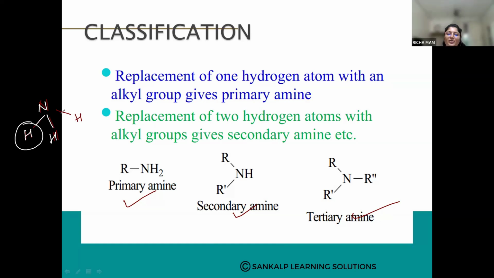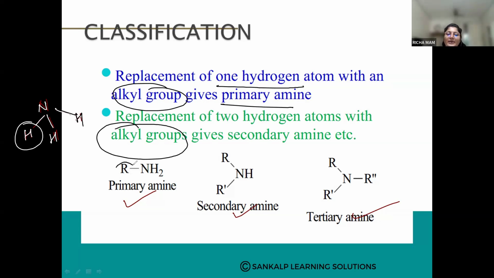By an alkyl group. Then it is called a primary amine. So when only one hydrogen atom is replaced by one alkyl group, it gives rise to a primary amine.